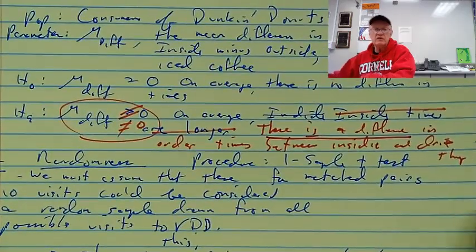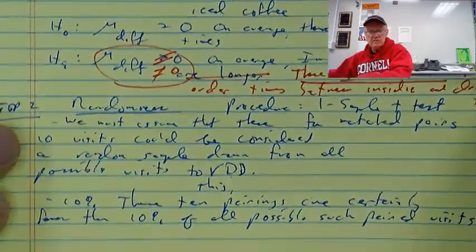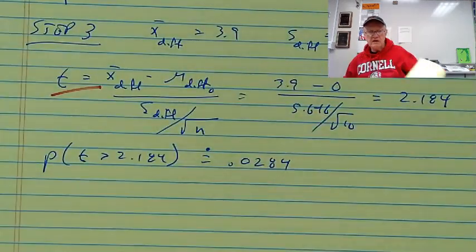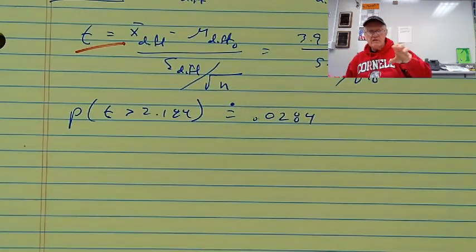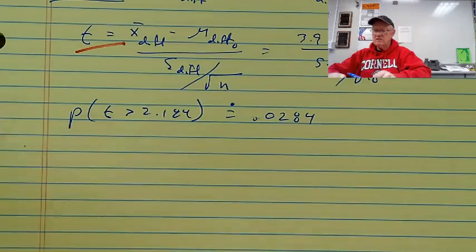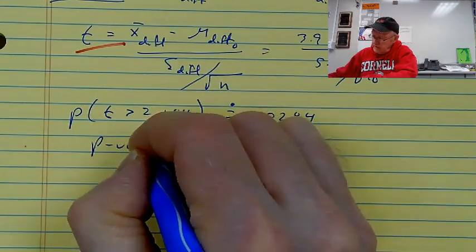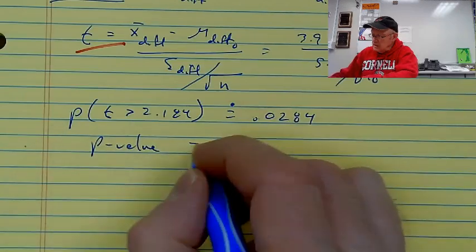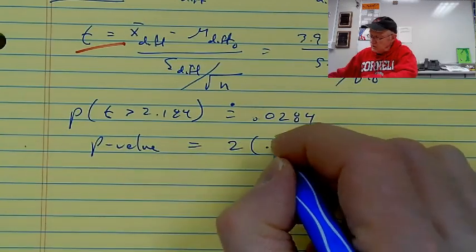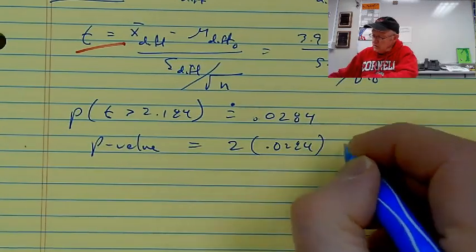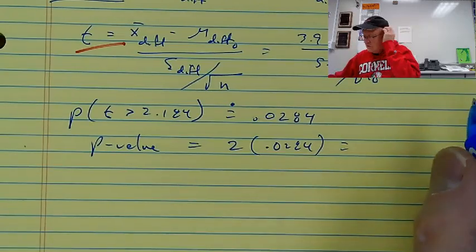Okay, so now that is a one-tailed p-value. So I'm going to say p-value, not just probability, is equal to 2 times 0.0284, which equals, I better use the calculator to do that. But let me show you what I'm going to do. I'm not just going to multiply those two numbers.